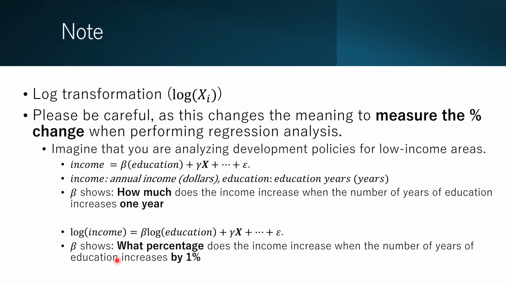A 1% increase in education is associated with a beta percent increase in income. Similarly, logging only y or only x changes interpretations, for example percentage per unit or unit per percentage. Ensure the functional form matches domain knowledge before logging. Log transformation is very useful, but please be careful about such issues.